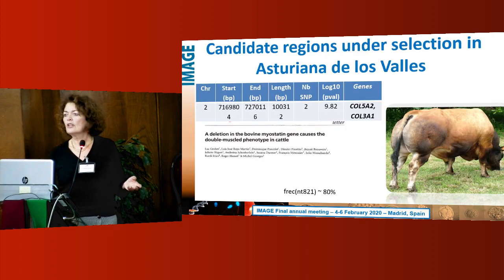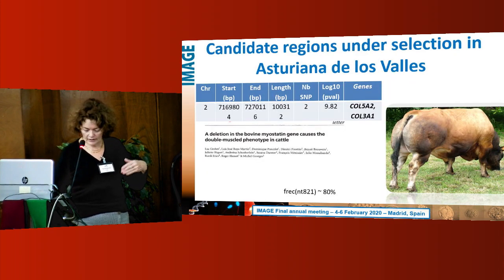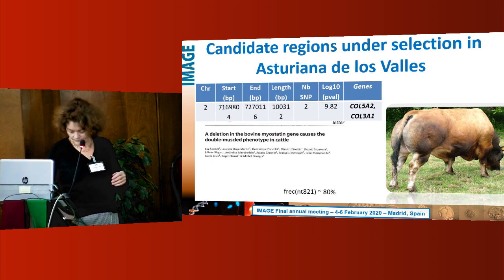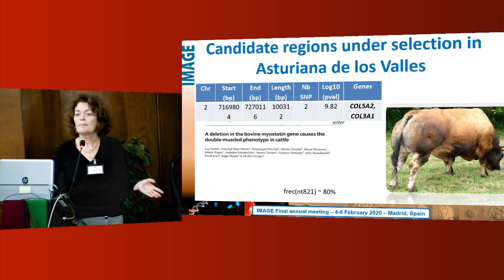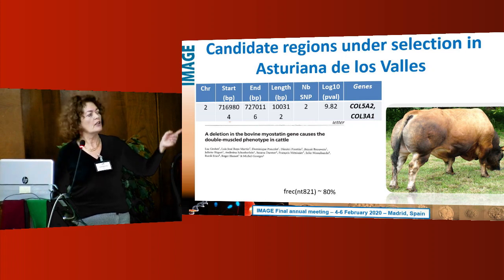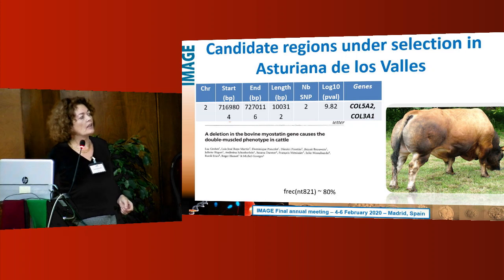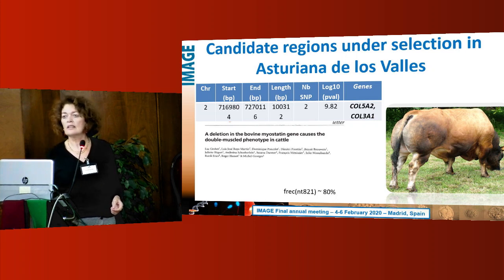Okay, so I'm going to try to make a comparison between the results. If we look at chromosome 2, which is an expected result, because Asturiana de los Valles has a frequency of this allele of 80% at the moment.